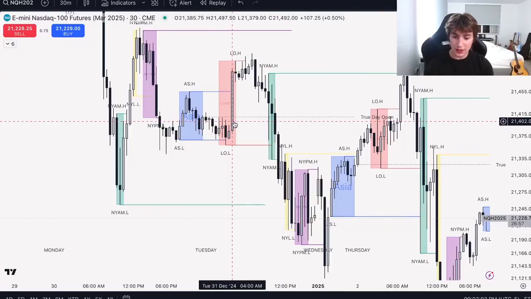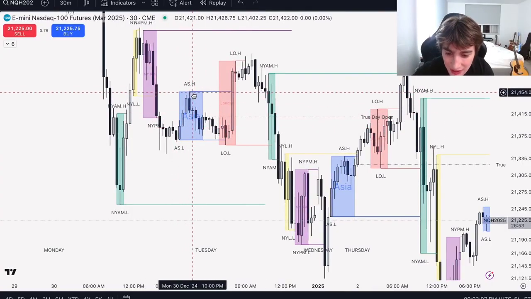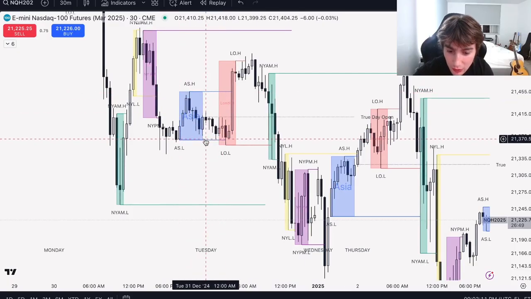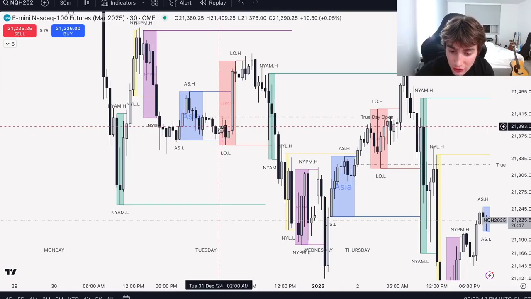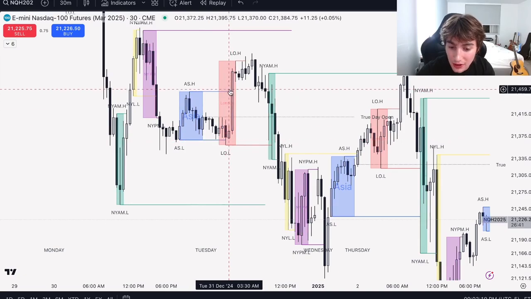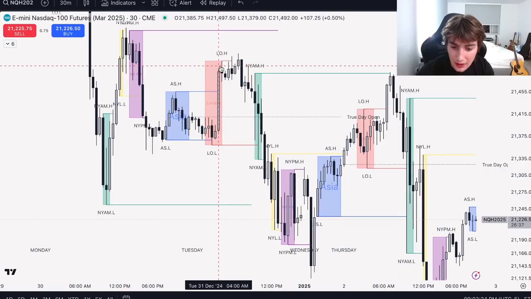Let's look at it. Here we have Asia lows. You can see Asian session highs marked out here in that blue line, and Asian session lows marked out here in that blue line. What happens? London session goes ahead and sweeps Asian session low. What happens after that? We trade to Asia session highs. Do you see that? Then we create London lows and London highs.